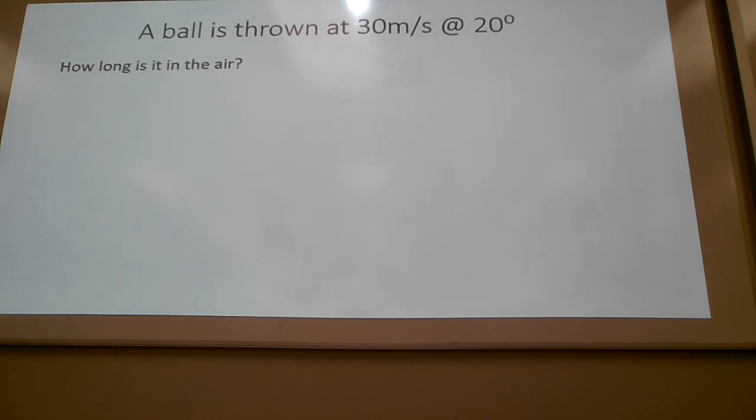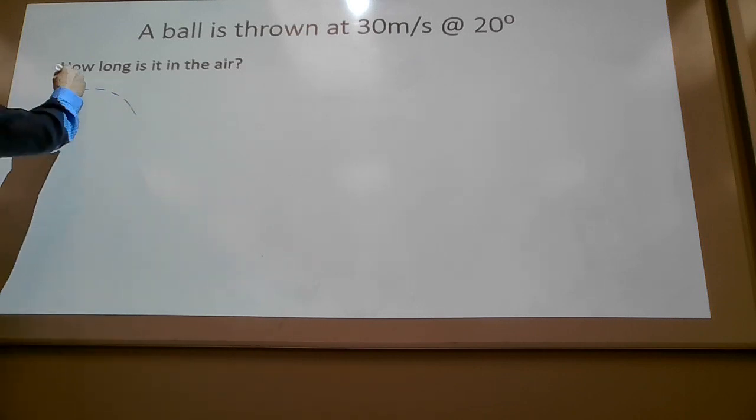Ball is thrown at 30 meters a second at 20 degrees. What should you do first? Let me tell you. You should draw 2 diagrams. First is the trajectory.